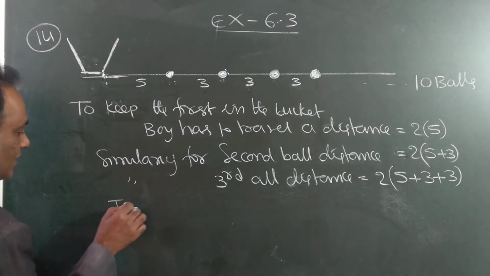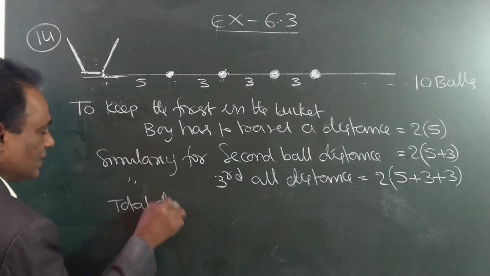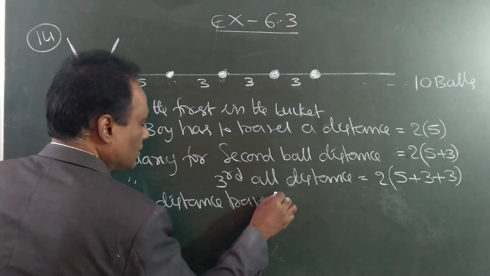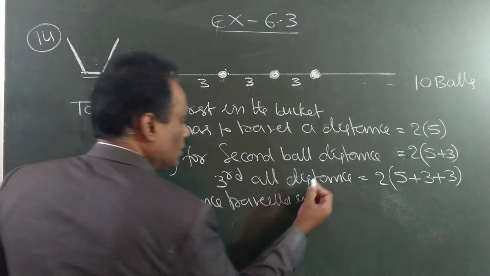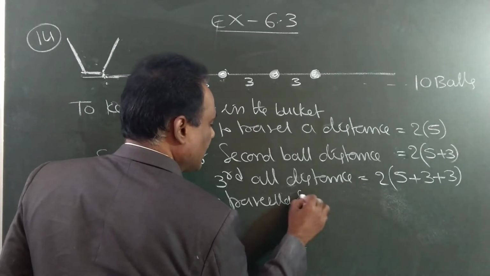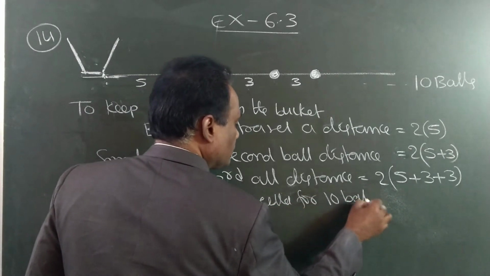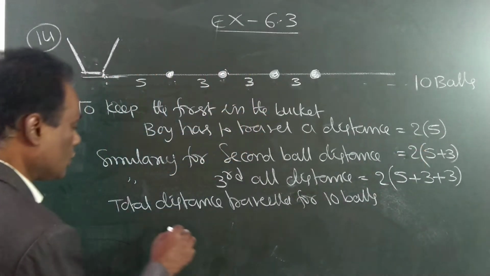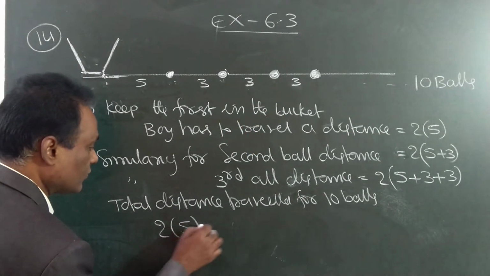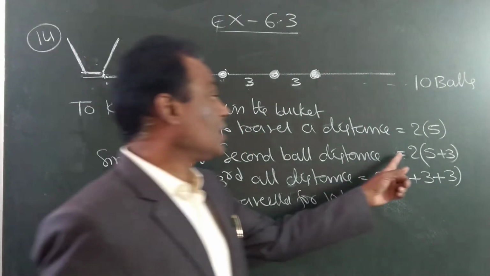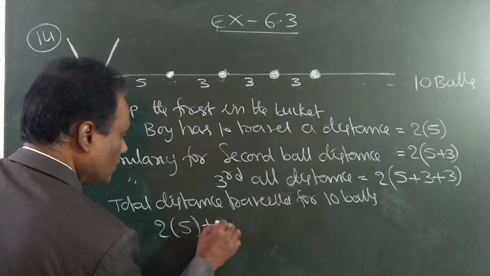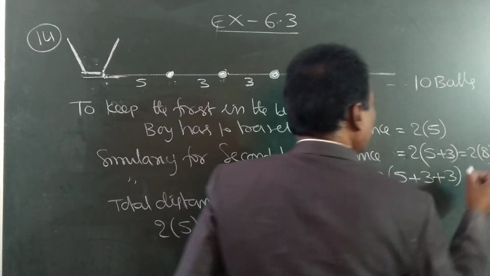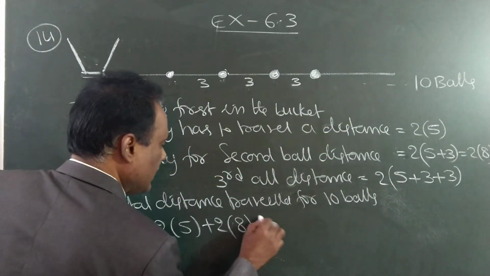So, total distance travelled for 10 balls. For the first ball he has to travel 2 into 5 meters. Second ball 2 into 5 plus 3, 8. 2 into 8.